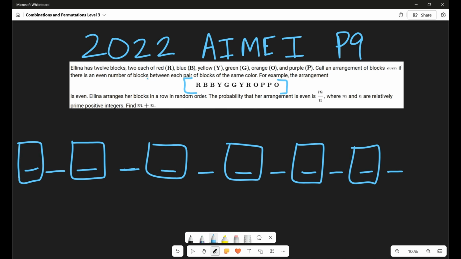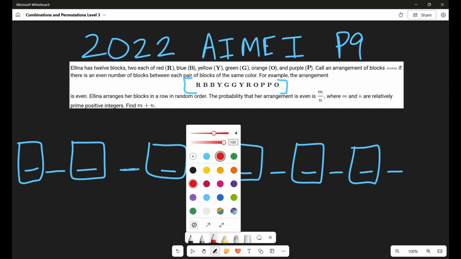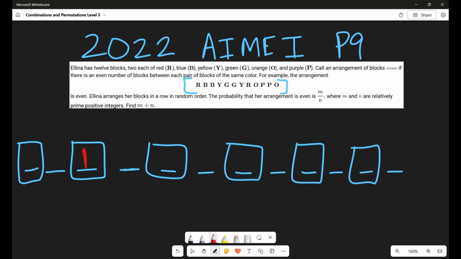Say red, and we want the number of blocks between our two red blocks to be an even number. Well, we'll notice that we need to have a red block in one of our boxed locations, the odd numbered locations, and a red block in one of the unboxed or even numbered locations. Otherwise, there will be an odd number of blocks between the two red blocks. Similarly, this has to be satisfied for every color in order for our arrangement to be considered even.